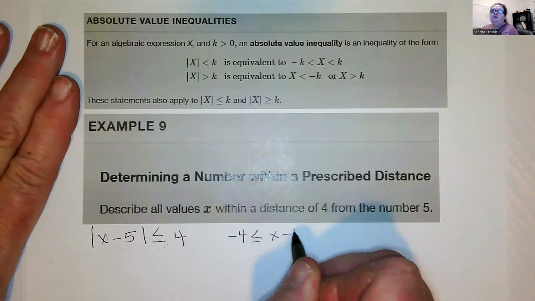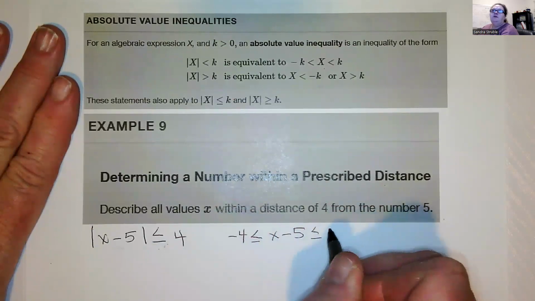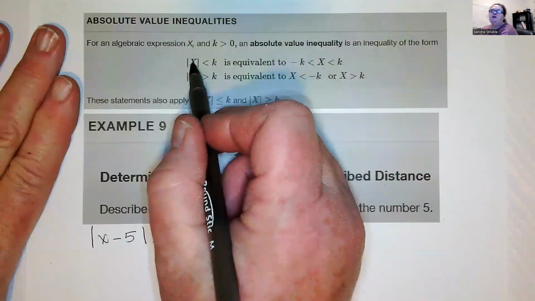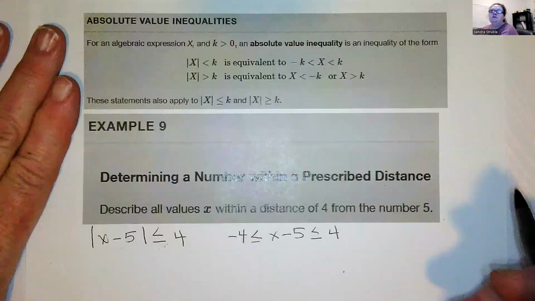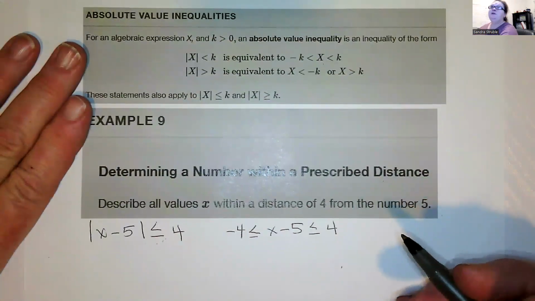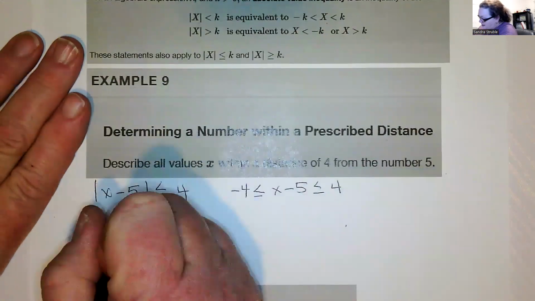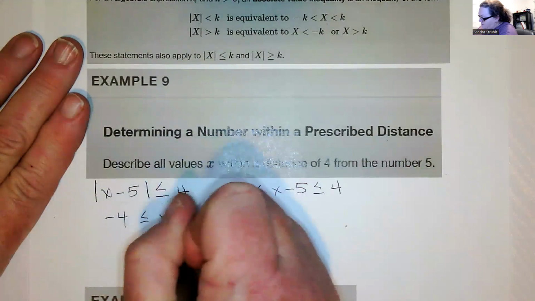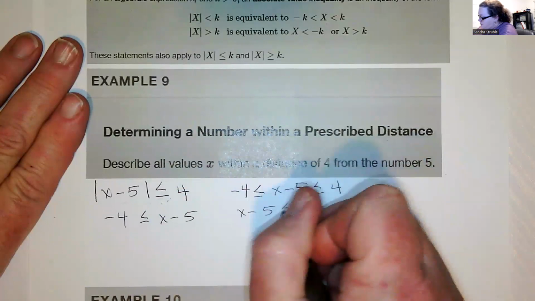Because the absolute value of the binomial that we have is less than the constant. All right, so let's solve that. This would be an easy one just to leave it as it is and work from this, but I'm going to go ahead and separate them for you. Negative 4 less than or equal to x minus 5, and x minus 5 is less than or equal to 4.